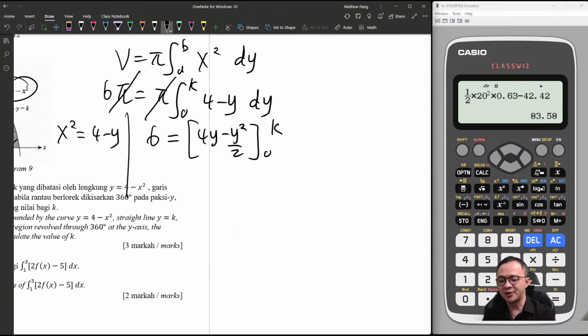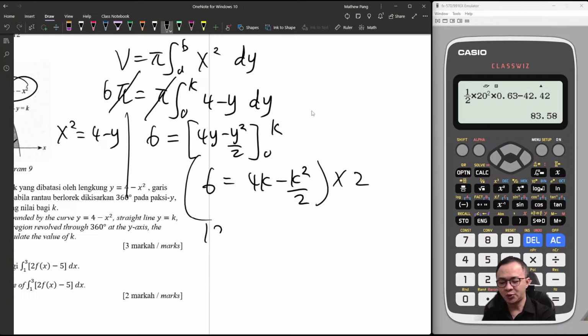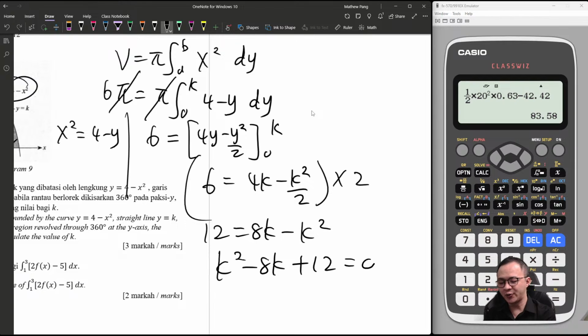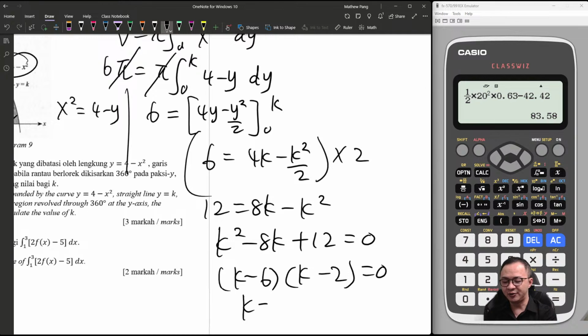Now just solve this. 6 equals 4k minus k squared over 2. It's a quadratic. Multiply by 2, so 12 equals 8k minus k squared. So k squared minus 8k plus 12 equals 0. Factorise: k minus 6, k minus 2. So k is 6 or k equals 2.